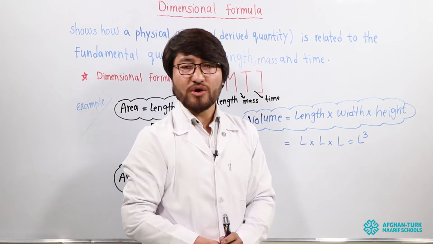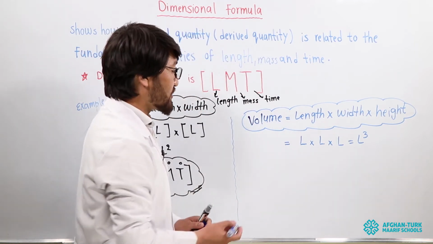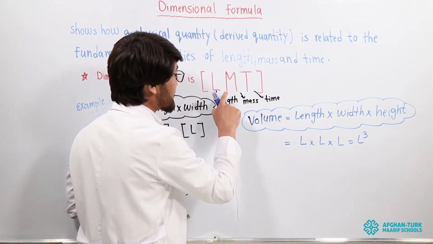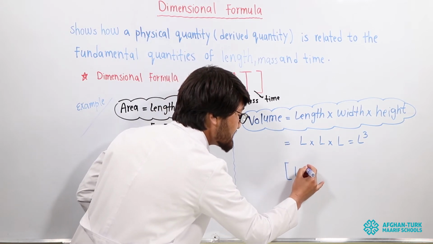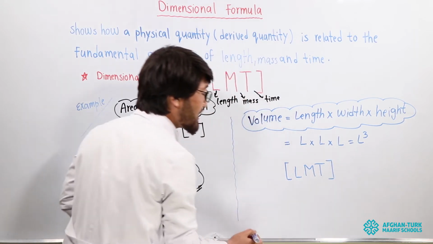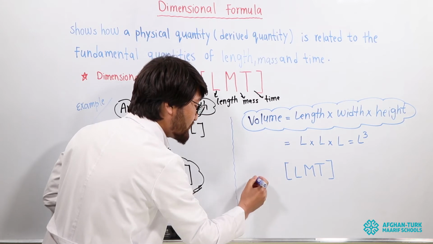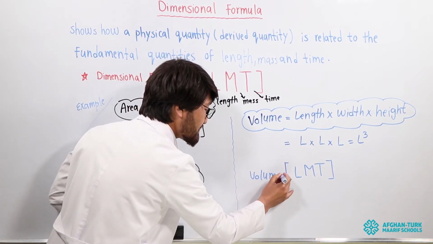Now I will show you the dimensional formula for volume. I will write here L, M, T. This is the dimensional formula for volume.